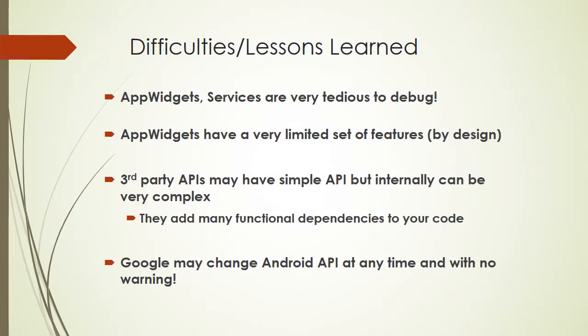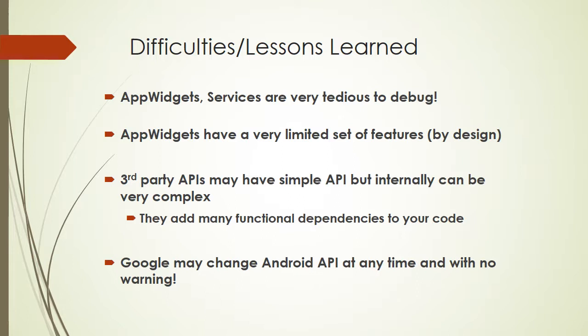Now, some of the difficulties here: app widgets and services are very tedious to debug. There's a lot of asynchronous stuff going on. App widgets have a very limited set of features. This was intentional. Those third-party APIs like Firebase provide a lot of functionality, but it can be difficult if you want to do something that's slightly outside of what they're designed to do.